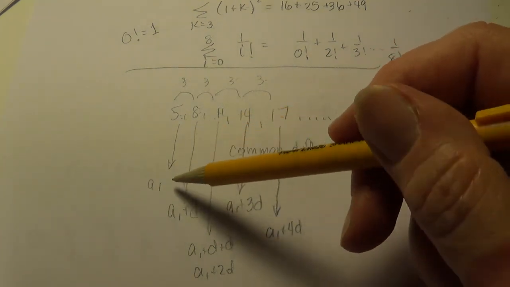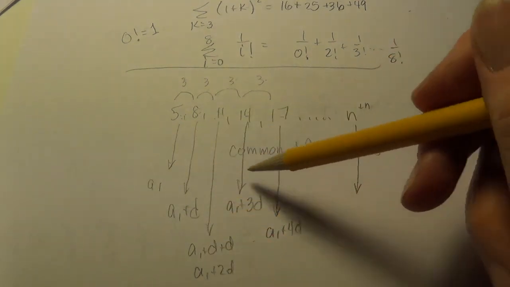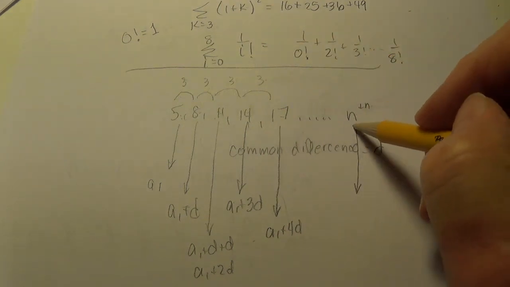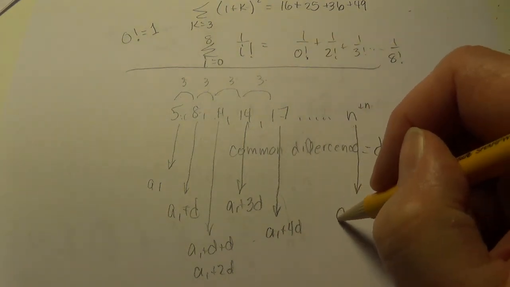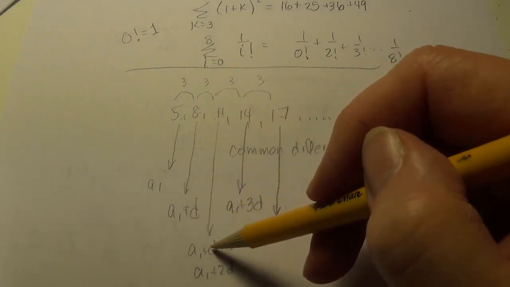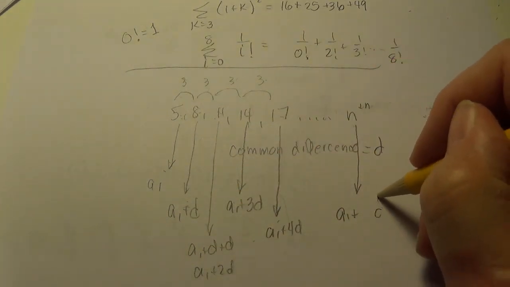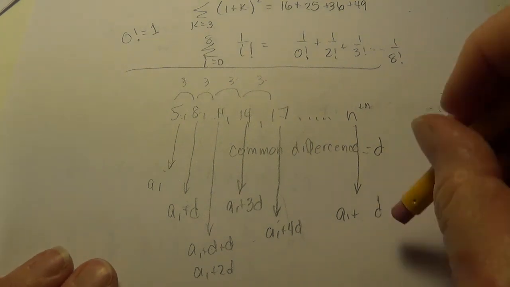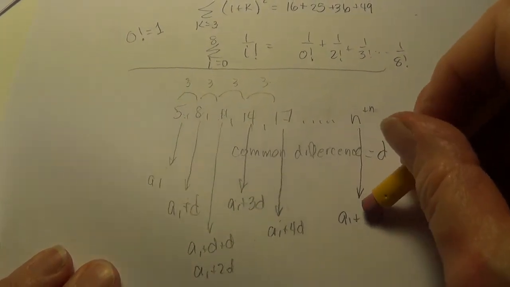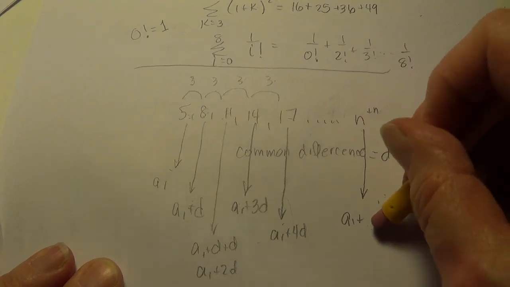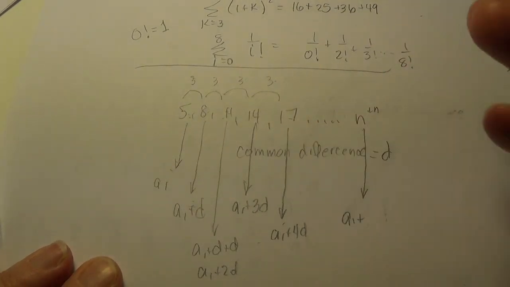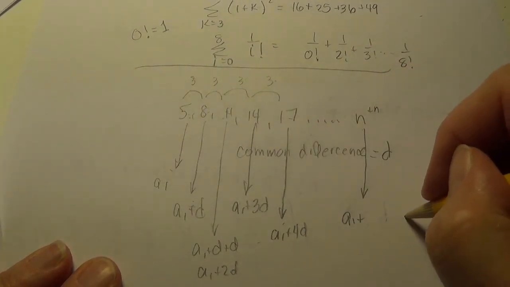Well, we saw this pattern building. So if we are at the nth term, we know we're going to start with a sub 1 because all of our terms did. But how many common differences? Can you fill in? How many common differences would we use when we get to the nth term?